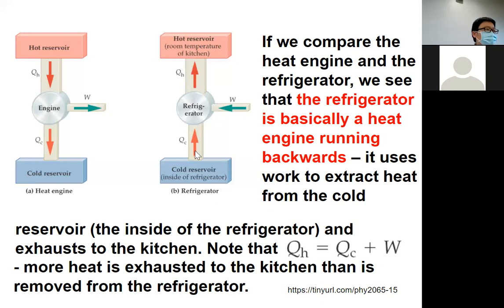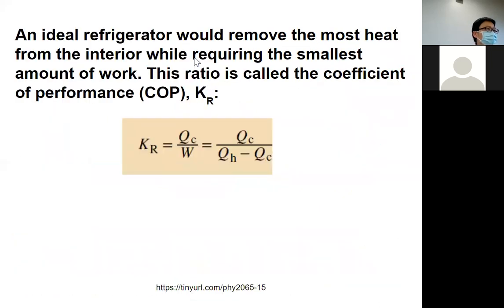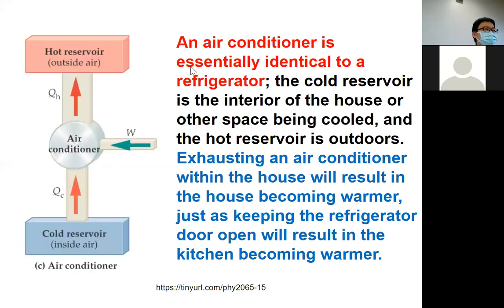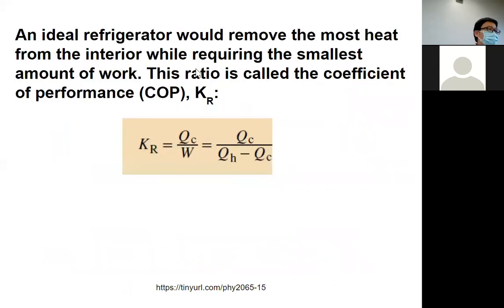Electric work comes in, takes heat from the food, and dumps the heat to the kitchen. The efficiency, or coefficient of performance, of the refrigerator is defined by how much heat you can remove divided by the work needed. So KR or COP is equal to QC over W.